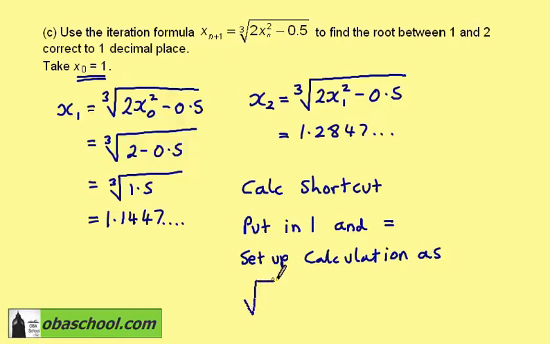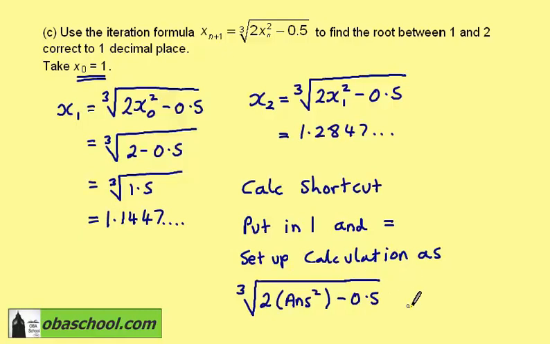Most calculators have a cube root button, but if you don't have this cube root button, you should put brackets around the bit that's going inside this cube root and raise it to the power 1/3. If you do have the cube root button, press the cube root button and inside the cube root put 2 times answer squared, this is our 2x squared, take away 0.5.